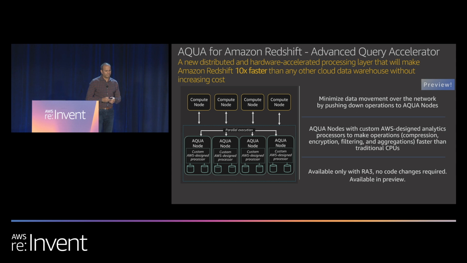And what we expect out of this is 10x performance compared to any other cloud data warehouse. And this is available as a preview today. You can go to our Redshift website and sign up for the preview. And this is only available with the RA3 nodes that we have launched. So that's one way we are handling the performance challenge.